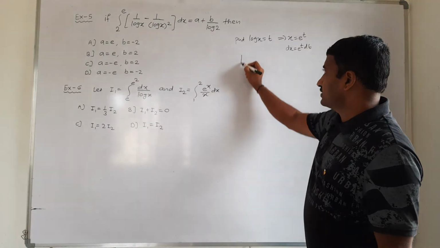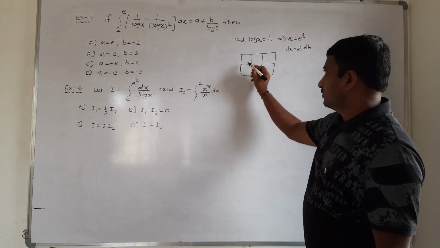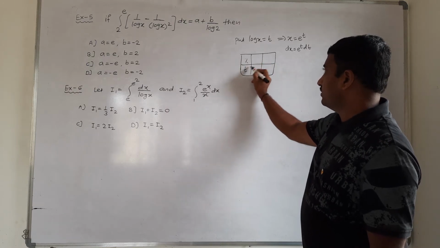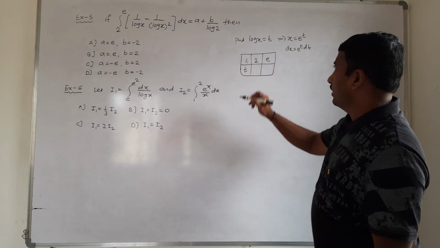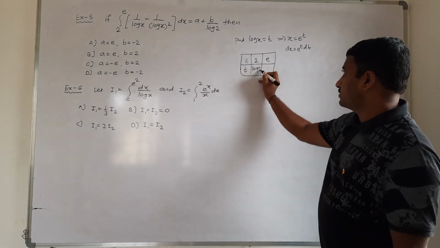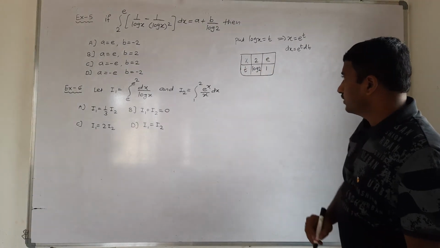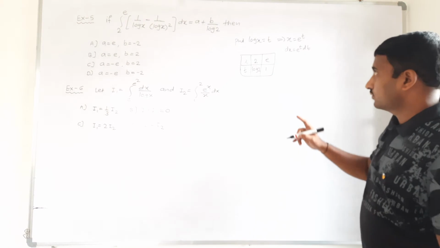Check the limits. The limits for x are 2 to e. For x equal to 2, t is log 2. For x equal to e, log e is 1. Therefore the limits are log 2 to 1.